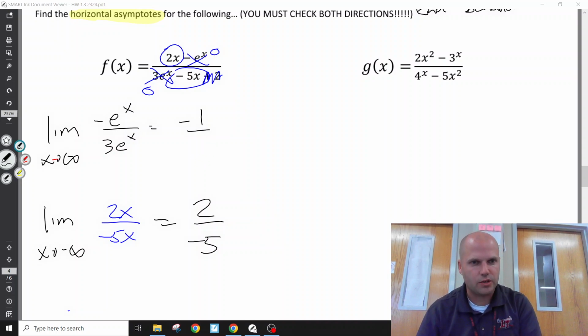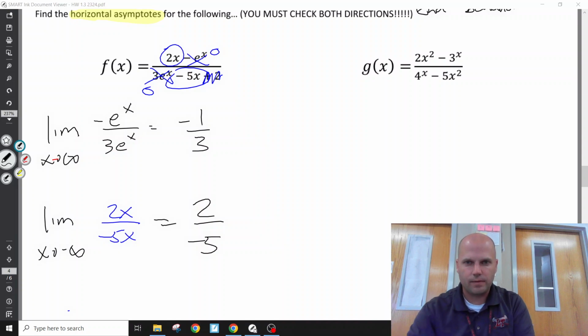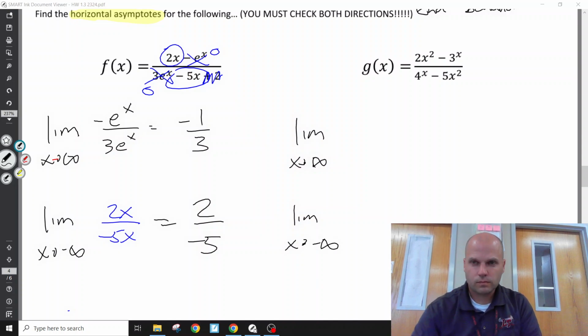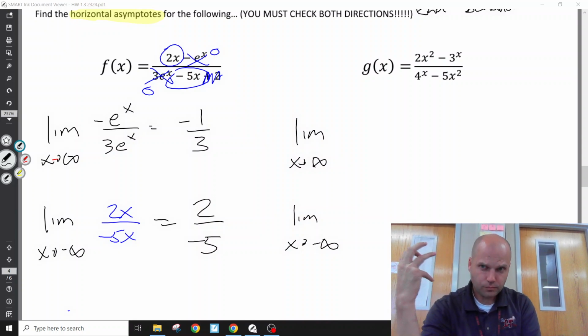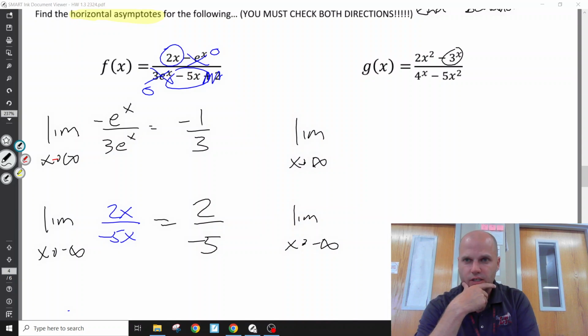I'm purposely trying to trick you, see if you can figure it out. If I look to the right and to the left. All right. To the right, usually easier for students to do because it's like, yes, this guy's exponential growth, that guy's exponential growth, that guy's gone, that guy's gone.